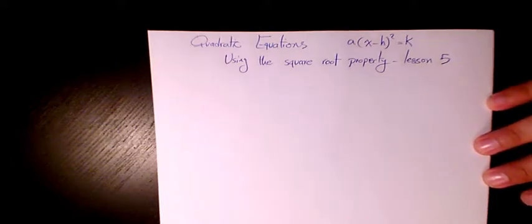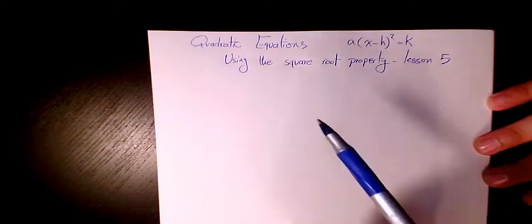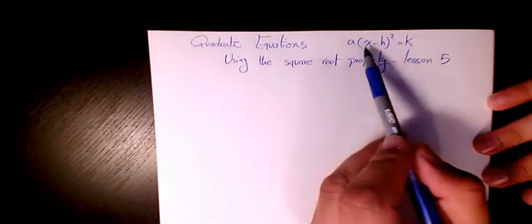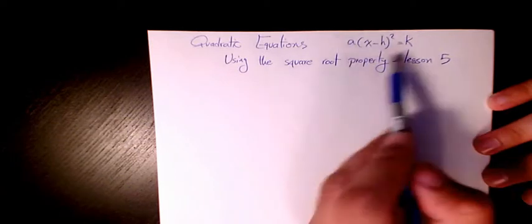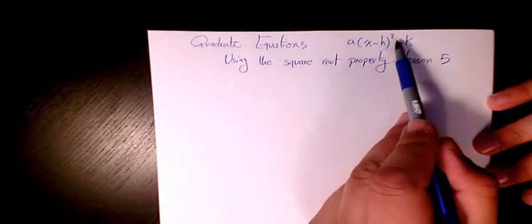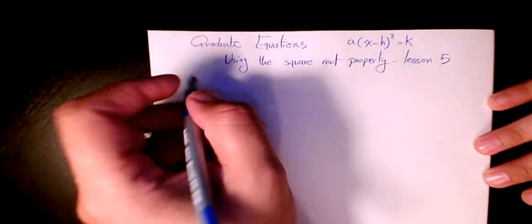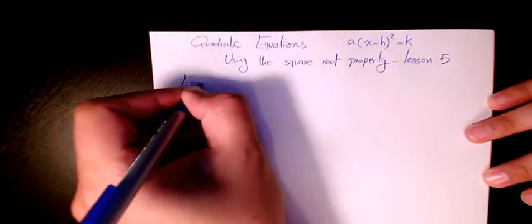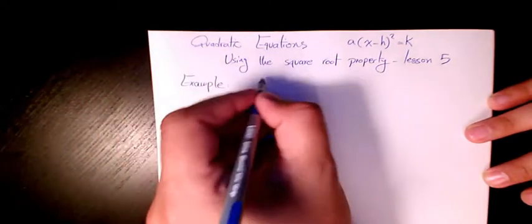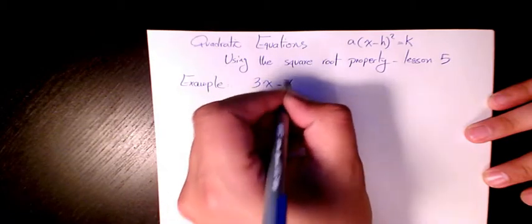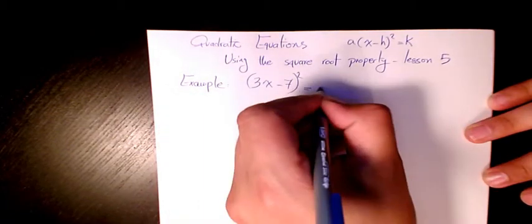This video I continue solving quadratic equations, those that have this form: a times (x minus h) to the power of 2 equals k. First example is (3x minus 7) to the power of 2 equals negative 10.